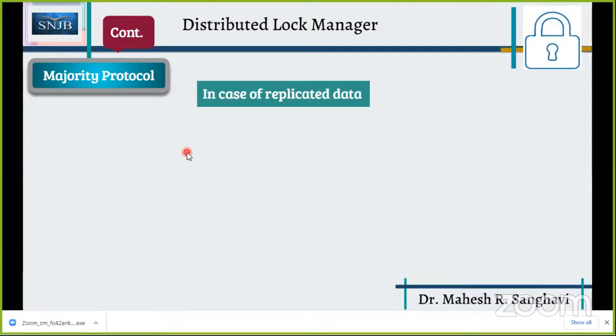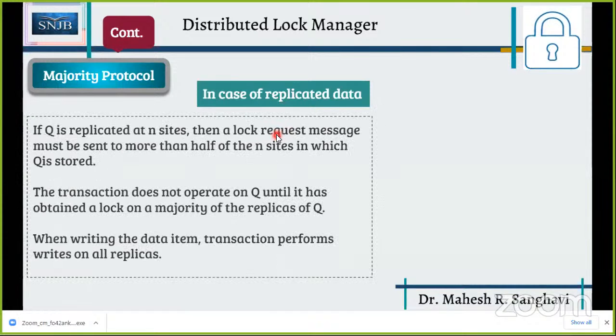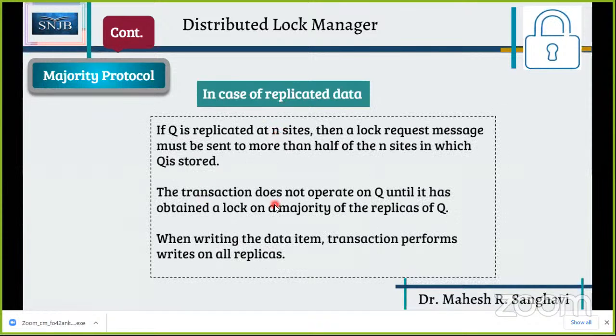But how we take the decision was very simple when there is no replicated copy. When we have a replicated data item, meaning multiple copies are available at different sites, we need to think about this particular model. If Q is replicated at n sites, then the lock request message should be sent to n/2 sites where the queue is stored.